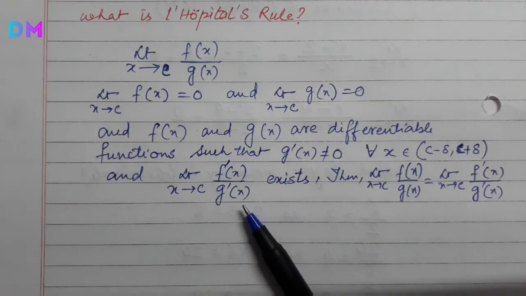Now if f dash x by g dash x, the limit x tends to c, again comes 0, then we will go for f double dash x by g double dash x.